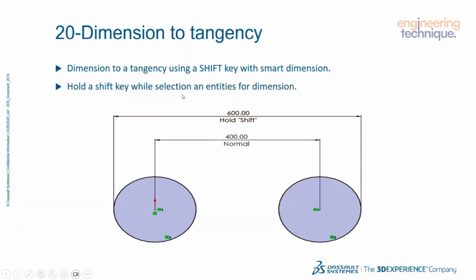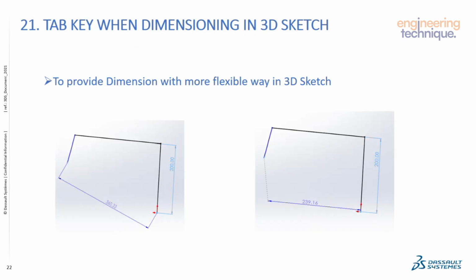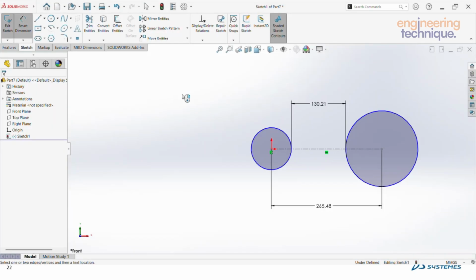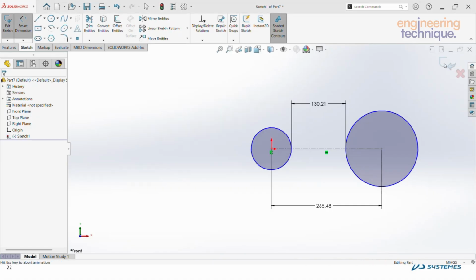So with shift selected, we can create the dimension to tangency. Okay, so the next option we will see is the tab key while dimensioning in a 3D sketch. As we know, so many times we use a 3D sketch to create geometries.